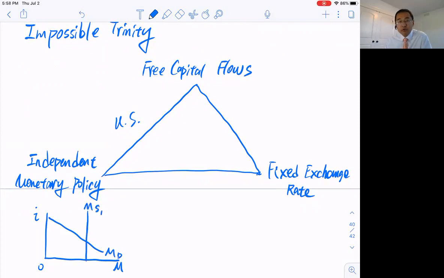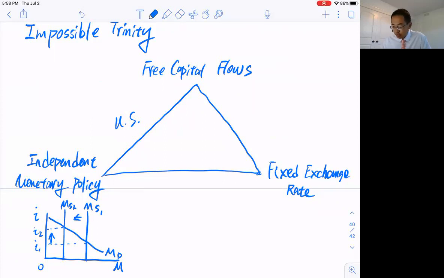A contractionary monetary policy means you have lower money supply, for whatever reason, but as a result, we know this will cause the interest rate to rise. Now, if we want to have the freedom to choose to manipulate our own money supply like this, and we want to have foreign capital flowing into our economy, right?